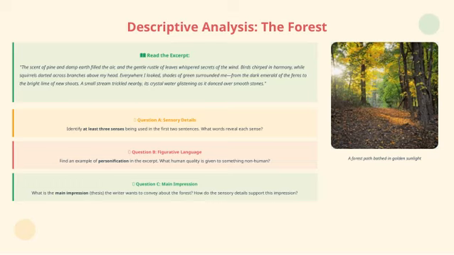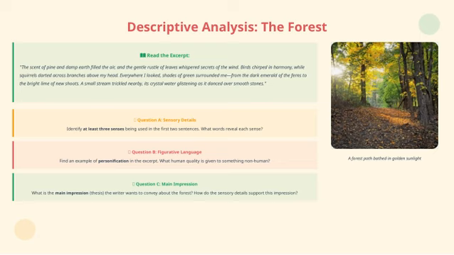In this slide, we're focusing on descriptive analysis of the forest, and I want to guide you through the key points. First, let's look at the excerpt and understand how the writer uses sensory details. In the opening sentences, you can see that the writer appeals to multiple senses. For example, the sense of smell is evident in phrases like the scent of pine and damp earth, which immediately immerses us in the forest environment.